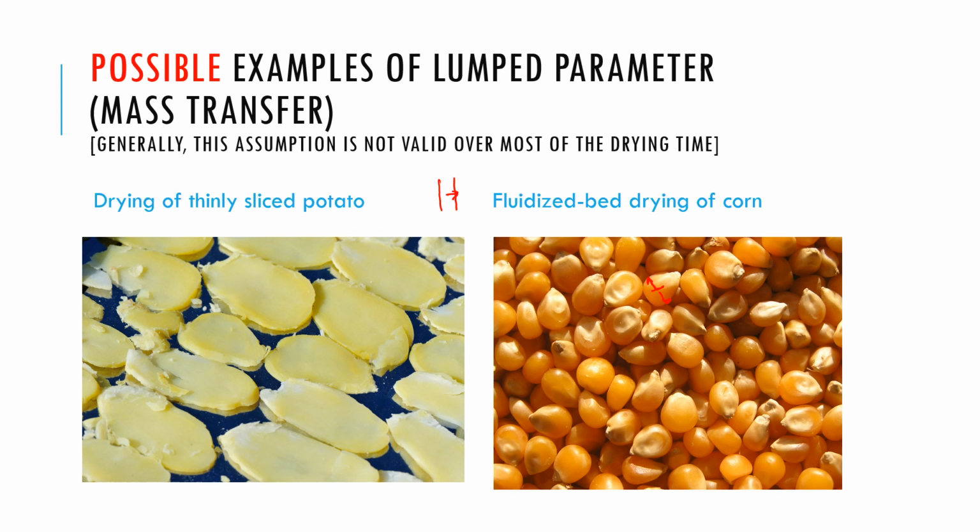So in this kind of drying, the internal resistance could be small. Now, generally, this assumption is not valid over most of the drying time, and we'll get into more details later. But here are two examples that we can possibly try to relate to this concept of small internal resistance compared to the external resistance.